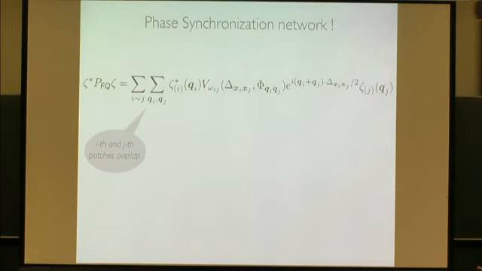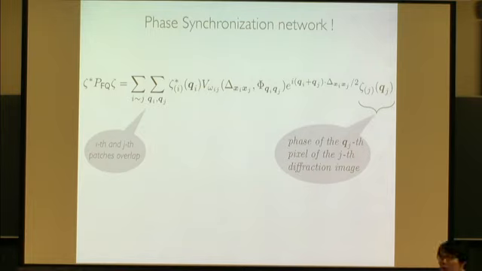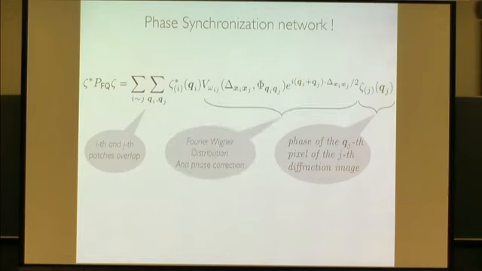Then, why do I say this phase synchronization? Notice that zeta contains the phase information. And this zeta j, qj means the phase of the qj's pixel of the j's diffraction image. And you see that the phase of jqj and iqi has some relationship related to this term in the middle.